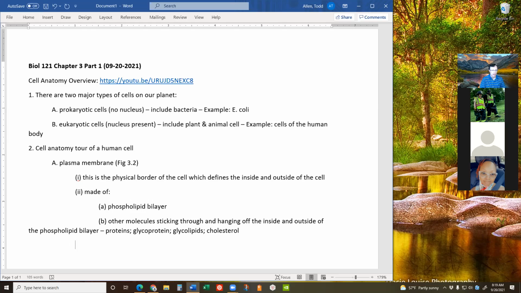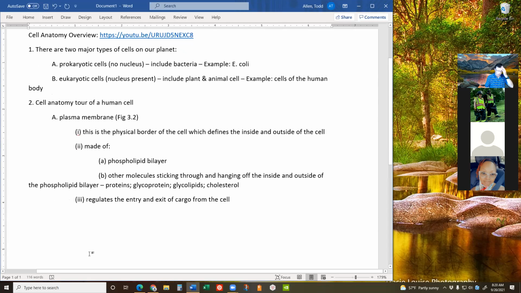One final comment here is that the plasma membrane, if I had to tell you what its purpose is, well, its purpose is to act as the structural border of the cell, but there's a secondary purpose here that's intimately related, and that is to regulate what kind of material is able to enter the cell and what kind of material is able to exit the cell. The plasma membrane controls that. So it regulates the entry and exit of cargo from the cell.